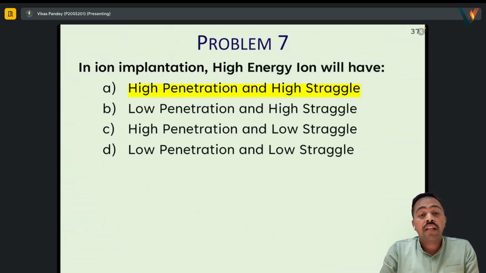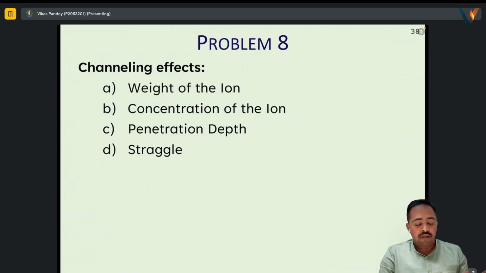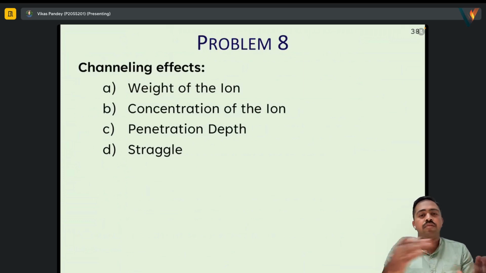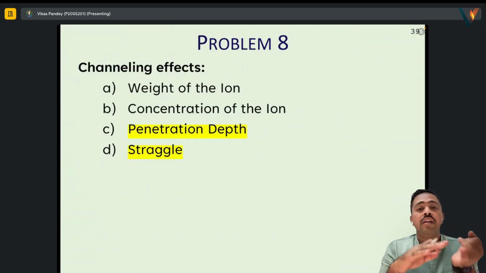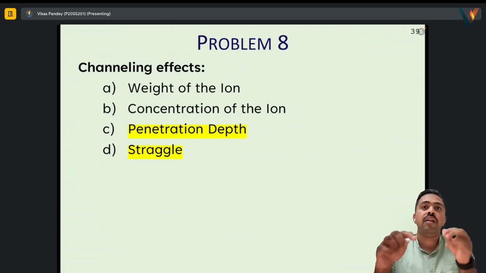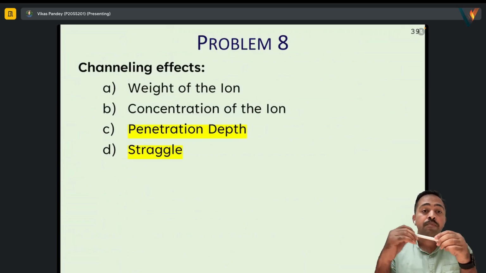Channeling will have an effect on the weight of the ion, concentration of the ion, penetration depth, or the straggle. Since the weight of the ion is predetermined, that is not based on this, and the concentration of the ion depends on the concentration we want to bombard. But it will have an effect on penetration depth and straggle.